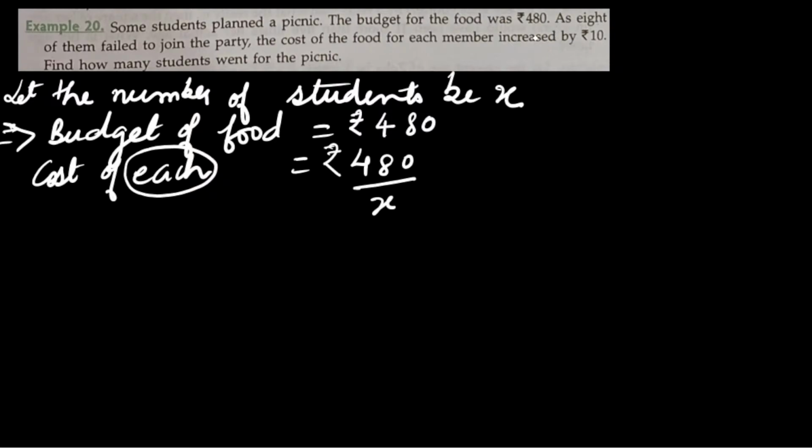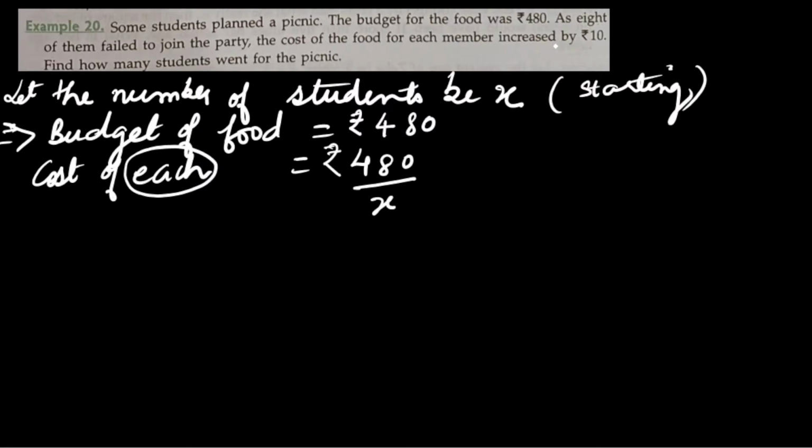But now what is happening here? This was the initial thing. Number of students at the starting were x. As 8 of them failed to join the party, the cost of the food for each member increased by 10. Now 8 of them failed to join.